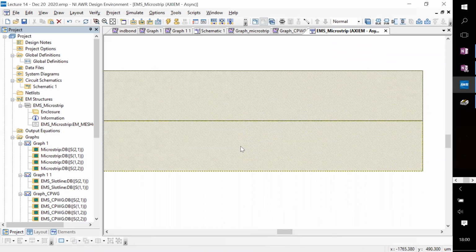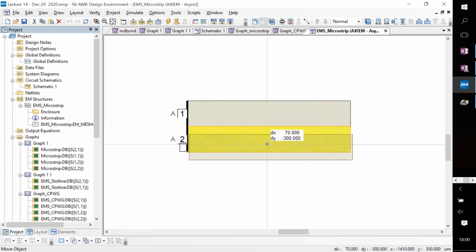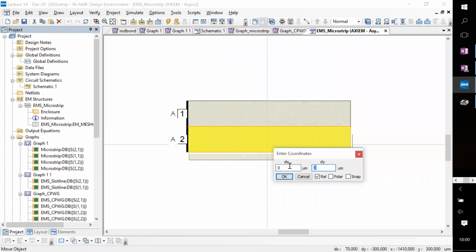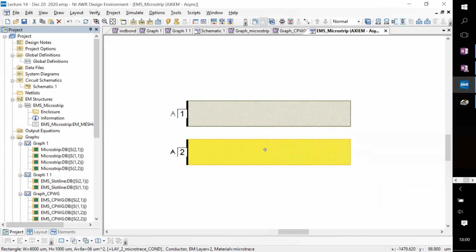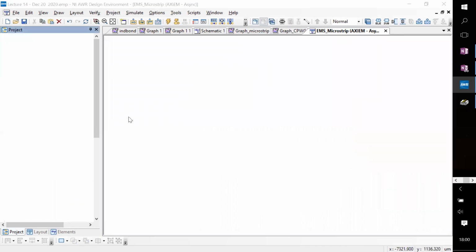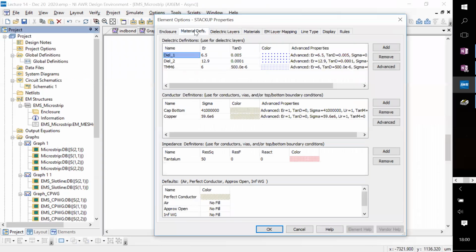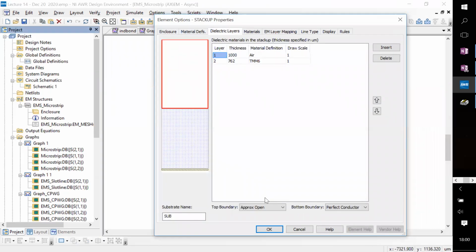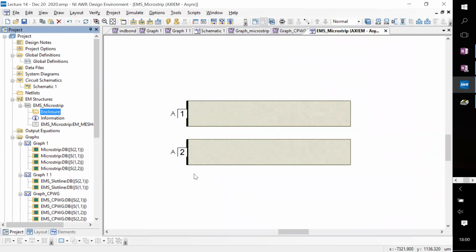I will check the enclosure. 762,000. This looks fine.